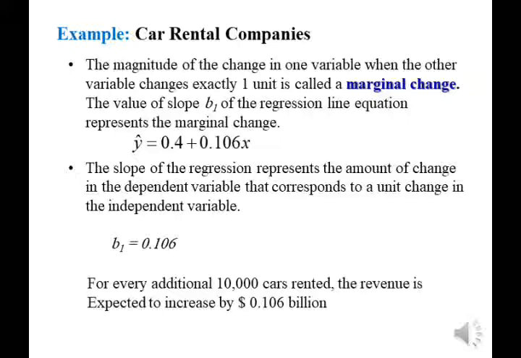So this is where the unit of measurement is important whenever you interpret the value of the slope and intercept. So actually, instead of saying increase, what can you say?